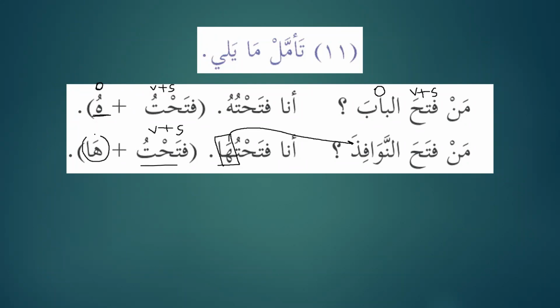Now it's not only restricted to who and ha. We know that all the attached pronouns can be used with the verbs. For example, فتحته, فتحتهما, فتحتهم, whatever it is. فتحتها and فتحتهن. Now it's up to you. You can do the conjugation.